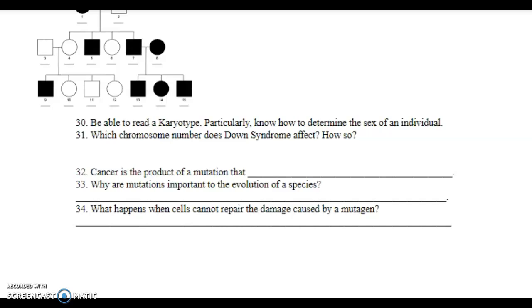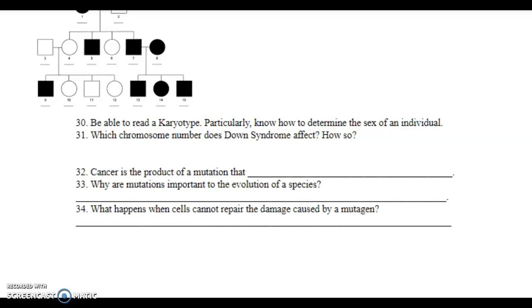Sometimes there may be a disorder where an individual ends up being just an X. That's still a female if there's just an X. Or if they're XXY, those would be a result of non-disjunction, and ended up with too few or too many chromosomes. But if there's an XXY, even though there's two X's, if there is a Y there, that individual would be a male. So anytime there's a Y chromosome, the individual would be a male.